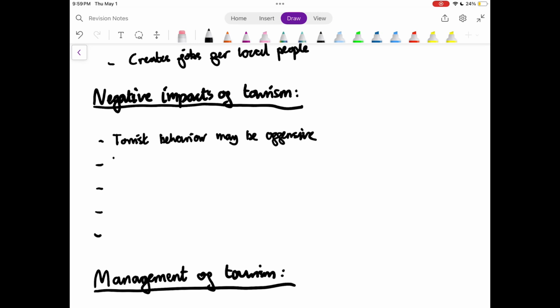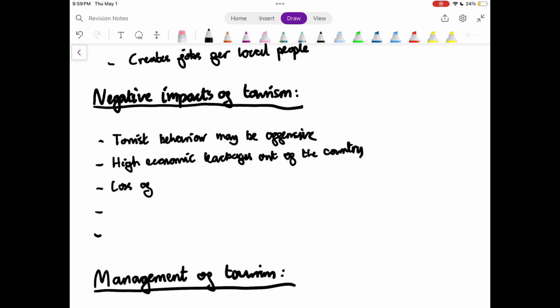Next is there might be high economic leakages out of the country, and there also may be a loss of habitat because space may be needed to create resorts and hotels and attractions. There's also a decrease in biodiversity because there may be more activity to do with animal cruelty such as poaching.